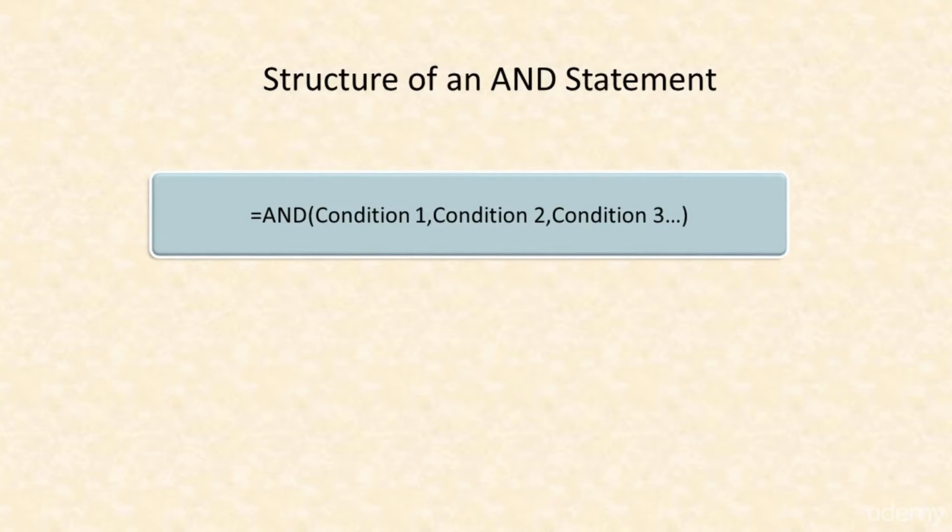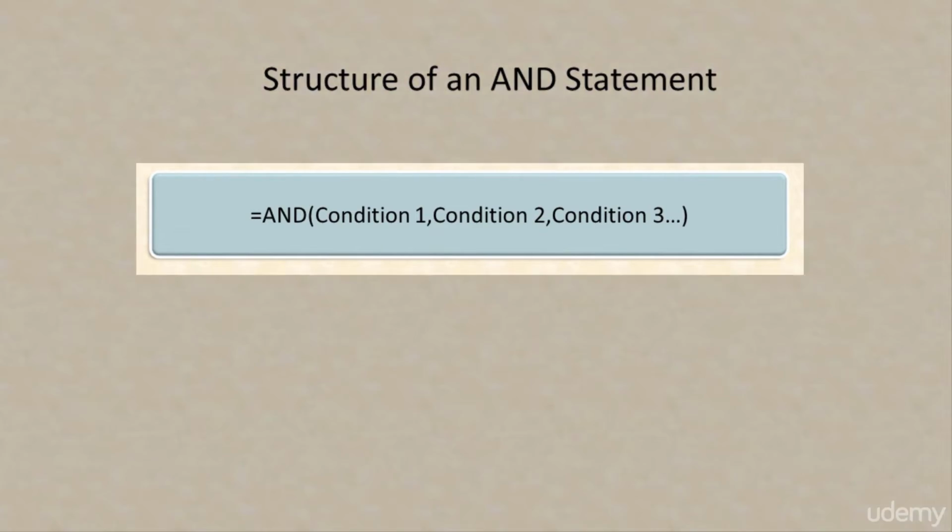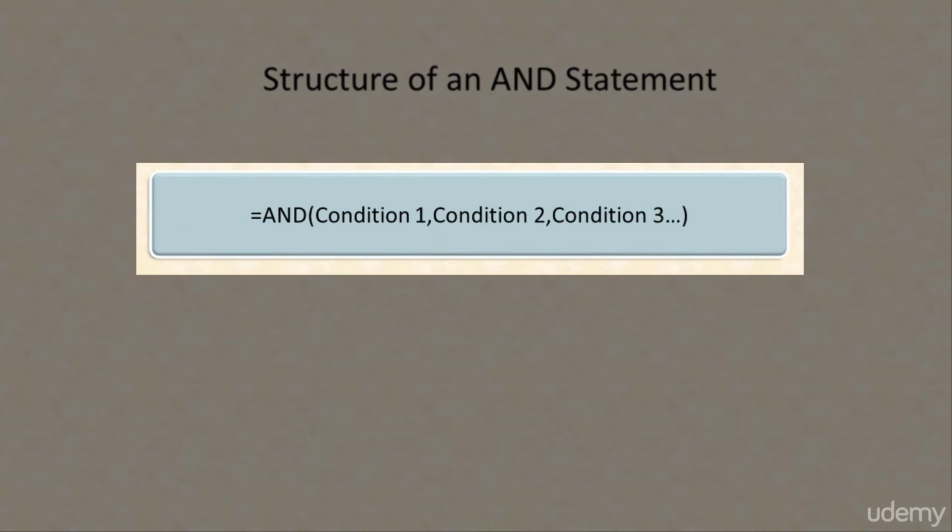Situations like this can be dealt with easily by using an AND statement. The basic structure of an AND statement is as follows. You can see from this structure that you can have multiple conditions. You are not limited to 2 only. So in our example, we need an AND statement as follows.